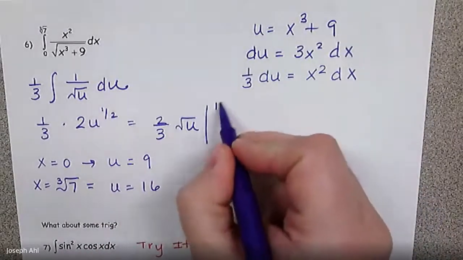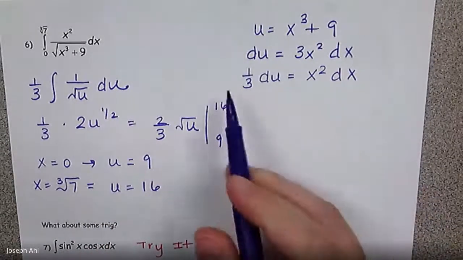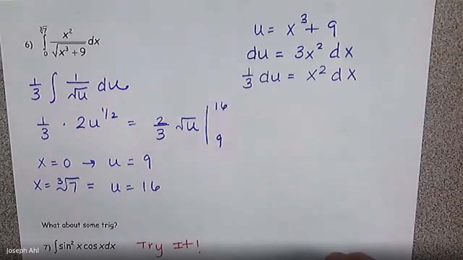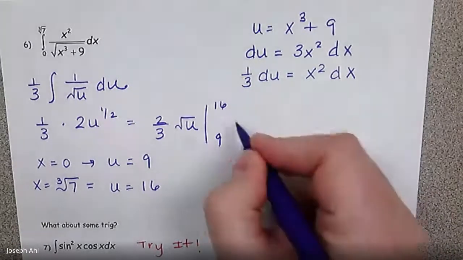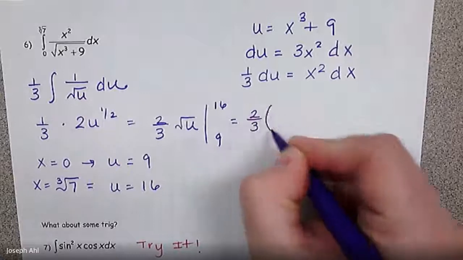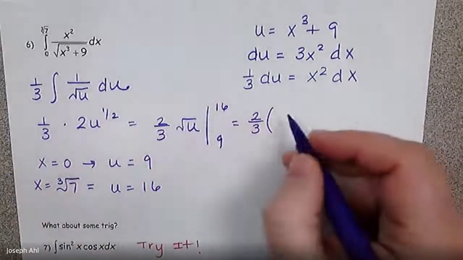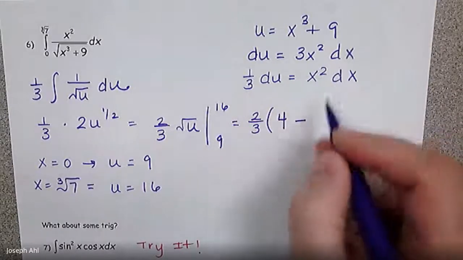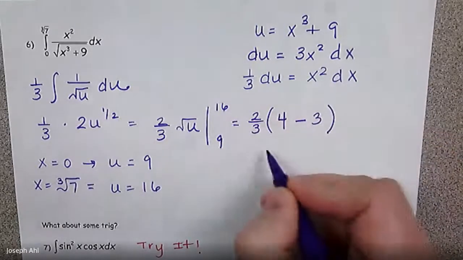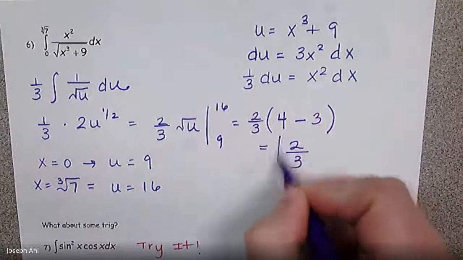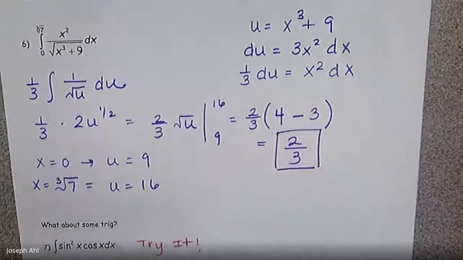So now we have our upper and lower bounds. And we like the 16 and 9, of course, because they're going to be nice when we take the square root. So you can leave the 2/3 out front while you plug in those bounds. So it's going to be the square root of 16, which is 4, minus square root of 9, which is 3. And 2/3 times 1 is 2/3.